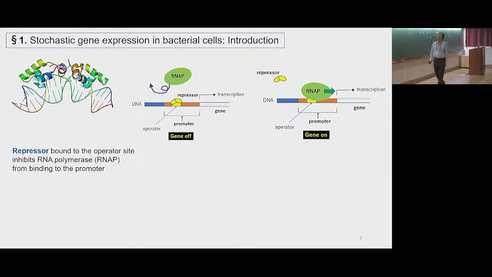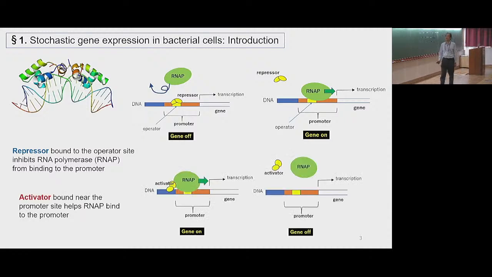And we know that gene expression is regulated by binding of regulatory factors near the promoter. This is the simple case of bacterial gene regulation. If the repressor binds on the promoter site like this, then RNA polymerase cannot bind here, so gene expression is off. And when the repressor unbinds, RNAP can bind on the promoter and gene expression starts.